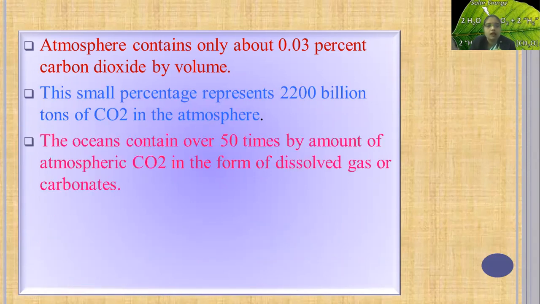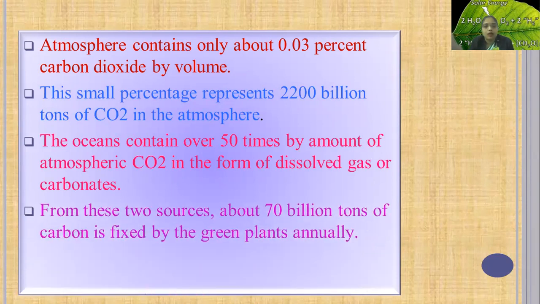Then the ocean contains over 50 times the amount of atmospheric carbon dioxide in the form of dissolved gas or carbonates. From those two sources, about 70 billion tons of carbon is fixed by green plants annually.